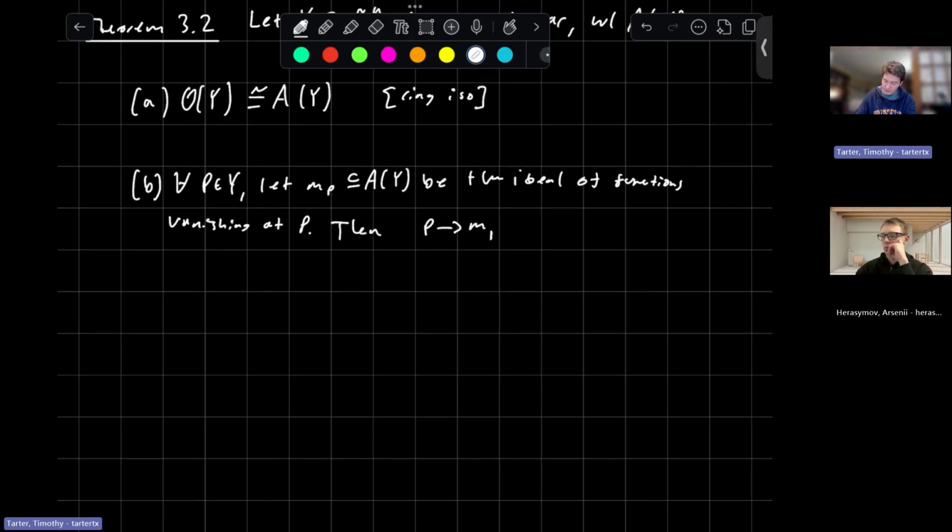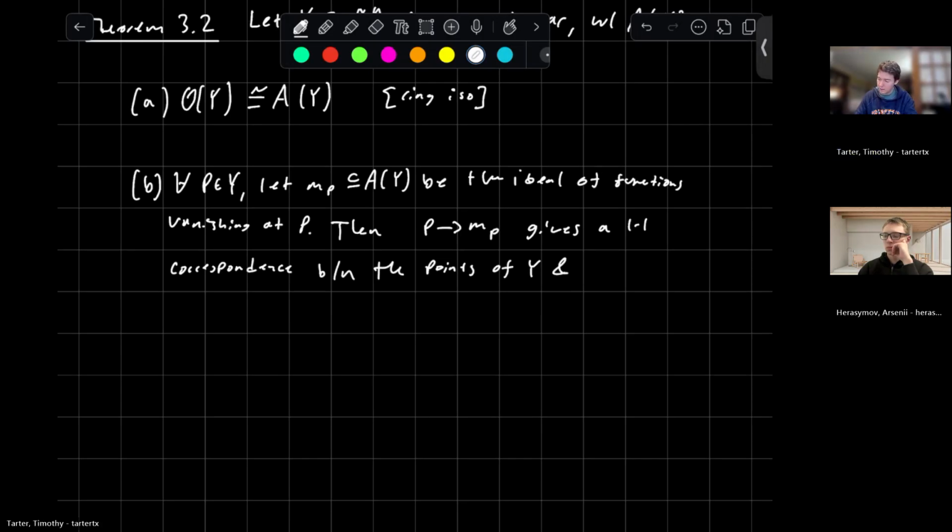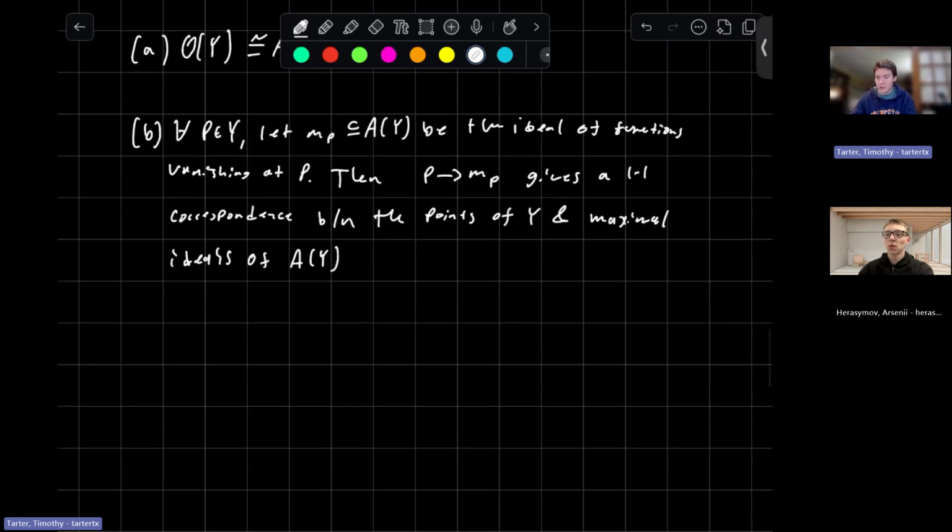Then P getting sent to its ideal MP gives a one-to-one correspondence between the points of Y and the maximal ideals of A(Y).